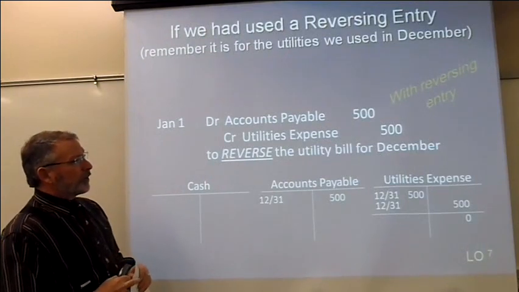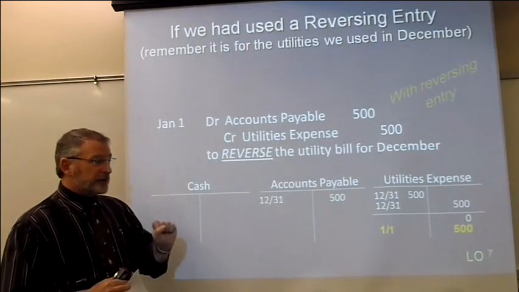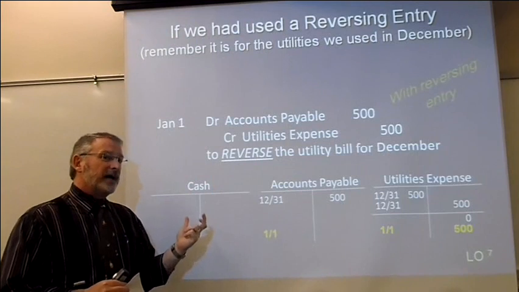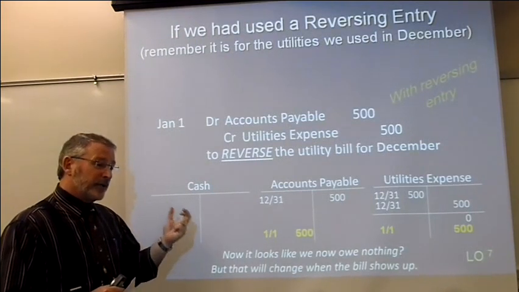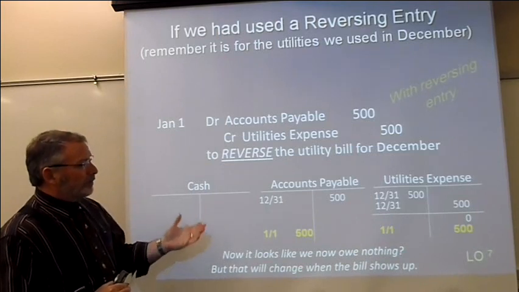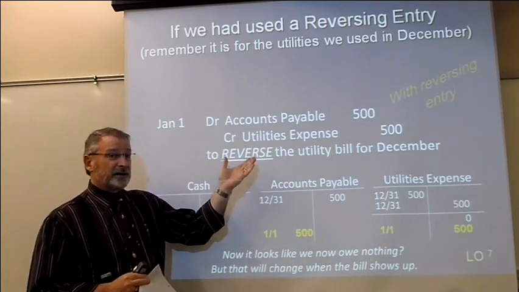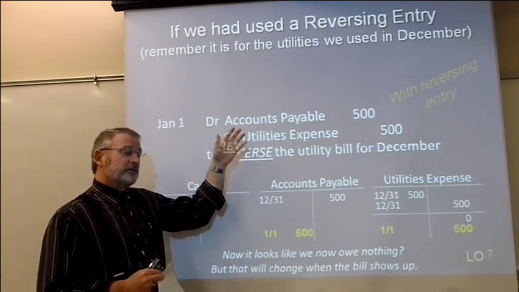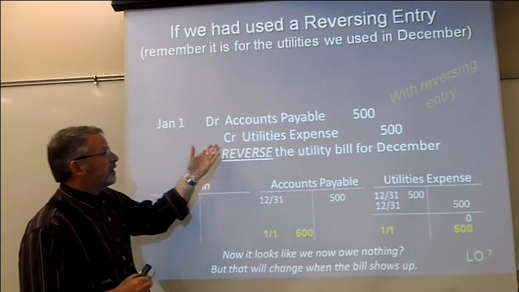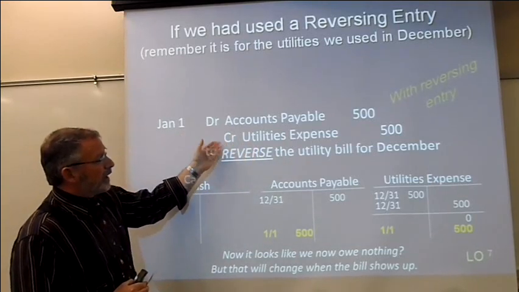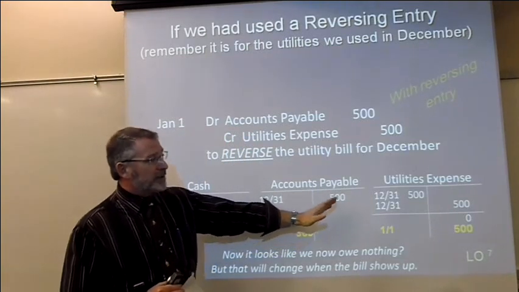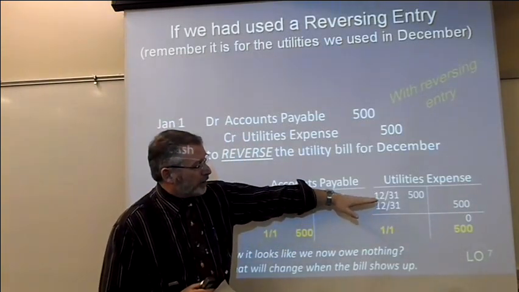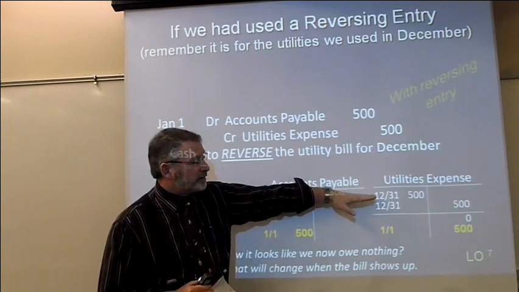The reversing entry would work like this. On January the 1st, we'd basically undo that adjustment that we made for the accrual of that bill that we hadn't received yet. So it's just an entry that looks exactly like the accrual, except in reverse. That's why we call it reversing entries. So we debit accounts payable and we credit utilities expense. In the expense account, there was our original accrual of $500.